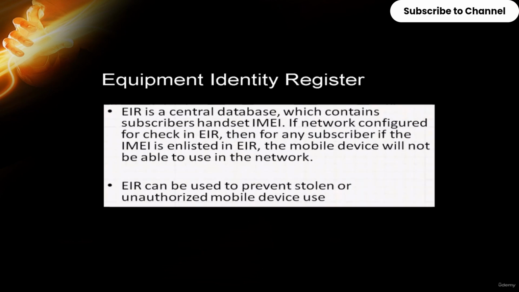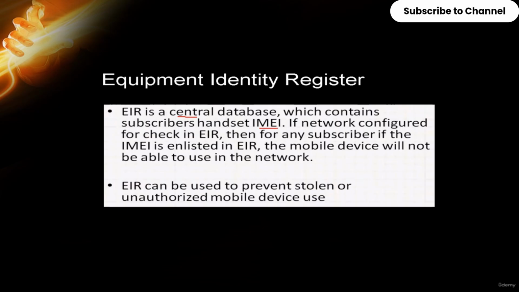Next is the equipment identity register. The equipment identity register is also a central database which has the IMEI number of a user. So each user has an IMEI number, that is the International Mobile Equipment Identity number.